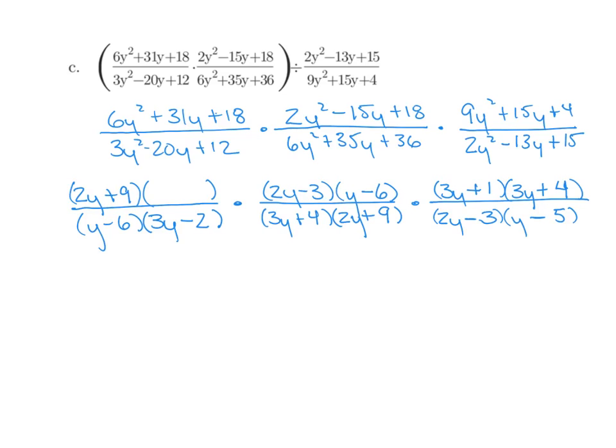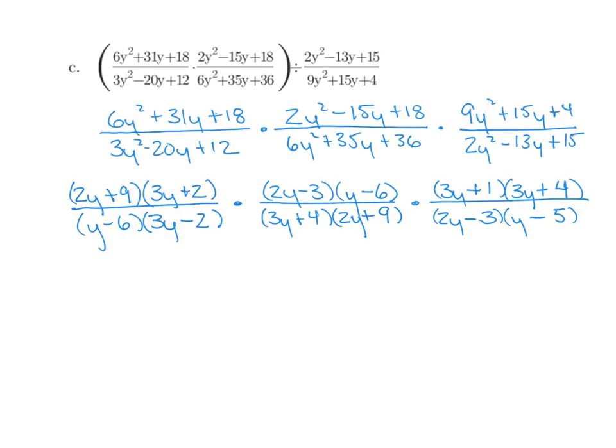So 6y squared breaks down to 2y and 3y. 18 breaks down to 9 and positive 2. If we do a quick check, outsides we get 4y, insides we get 27y. 4y and 27y do combine to give us 31y. So this is the correct factoring.